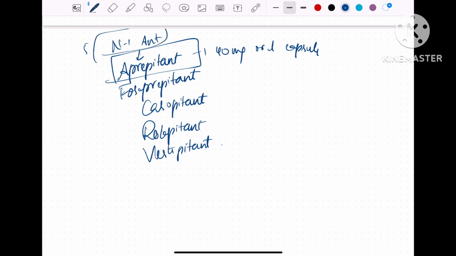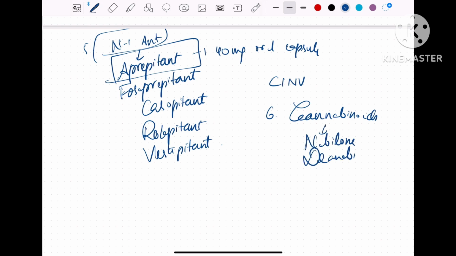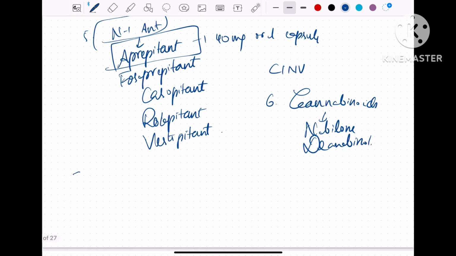These neurokinin 1 antagonists are most commonly used for chemotherapy-induced and radiotherapy-induced nausea and vomiting. The other group of drugs are cannabinoids. The available cannabinoids are nabilone and dronabinol. Other groups of drugs which we most commonly see in our OTs are benzodiazepines and corticosteroids.